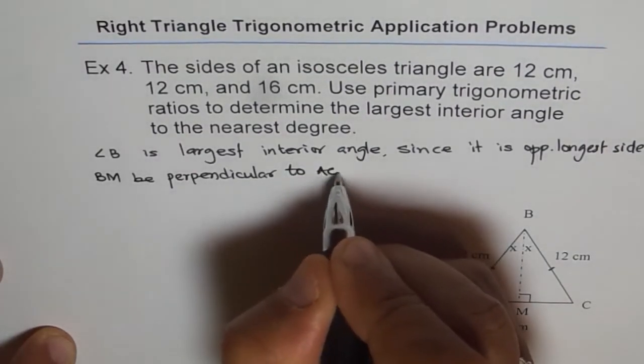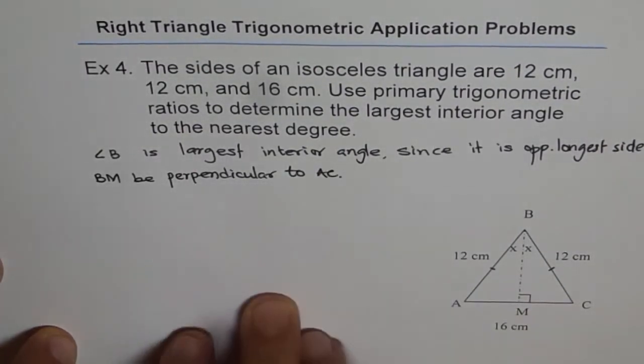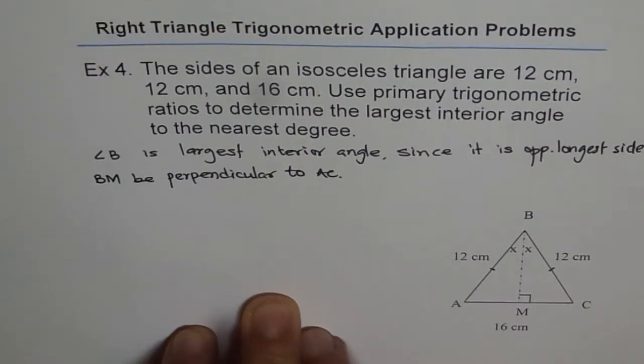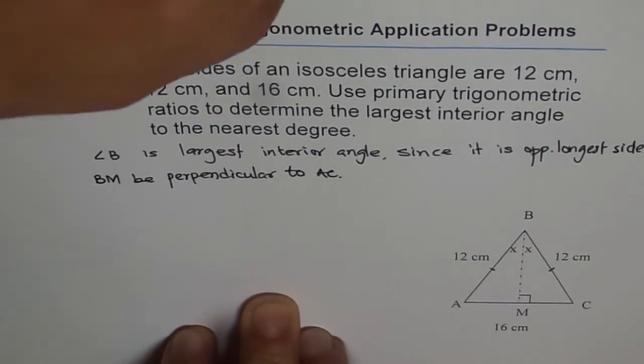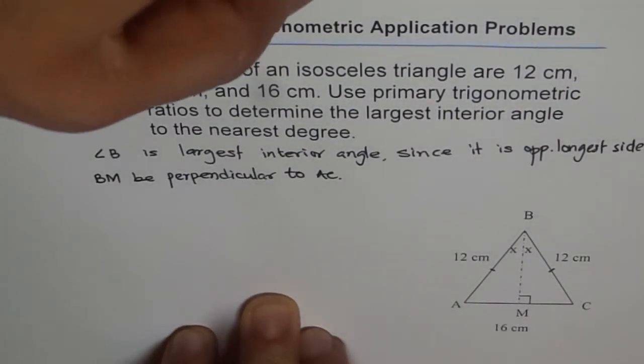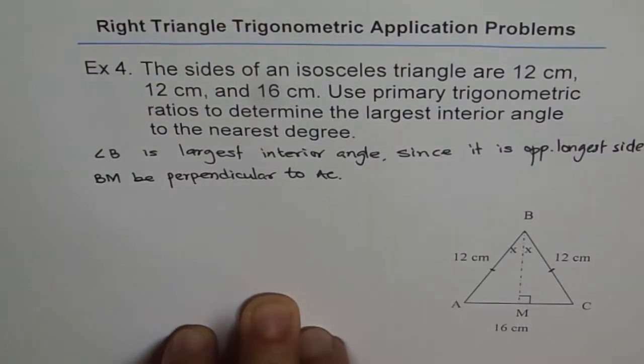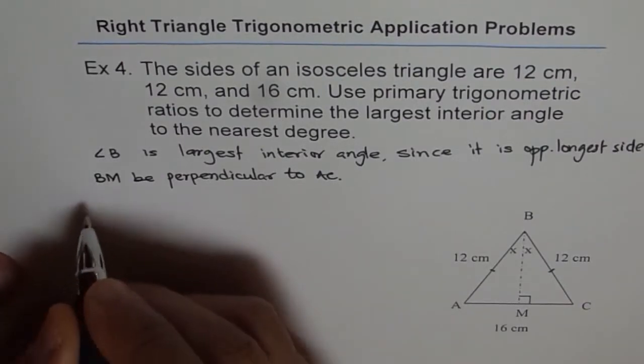Okay, now in that case what will you observe? In that case you will see that the two triangles formed, triangle ABM and CBM, they will be congruent.